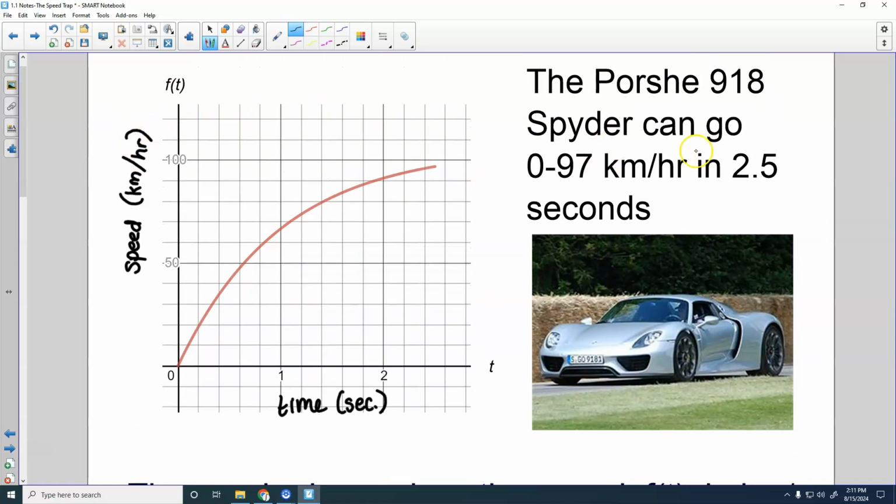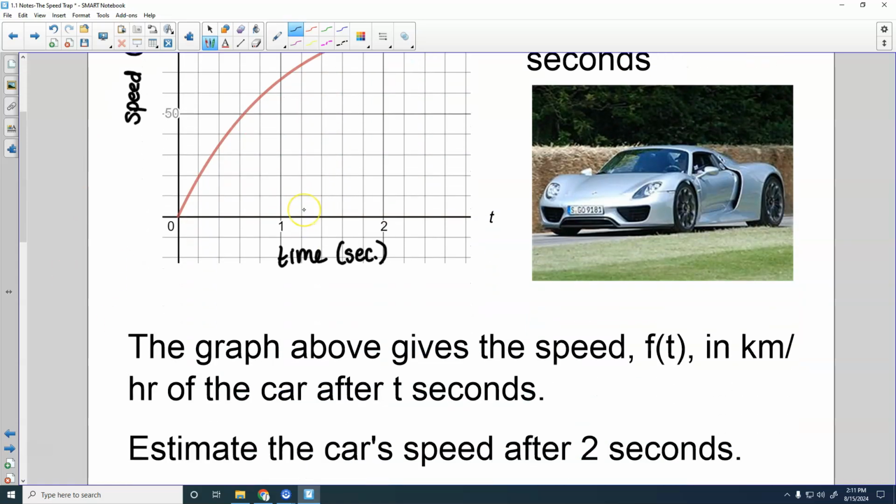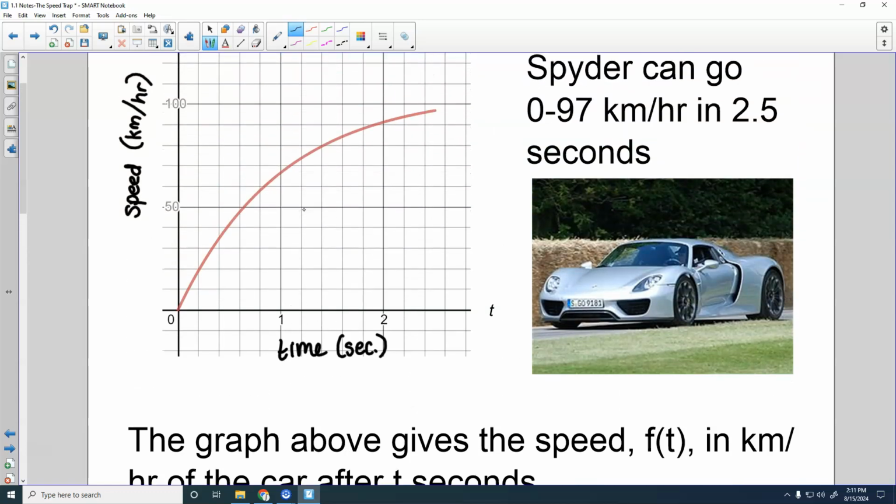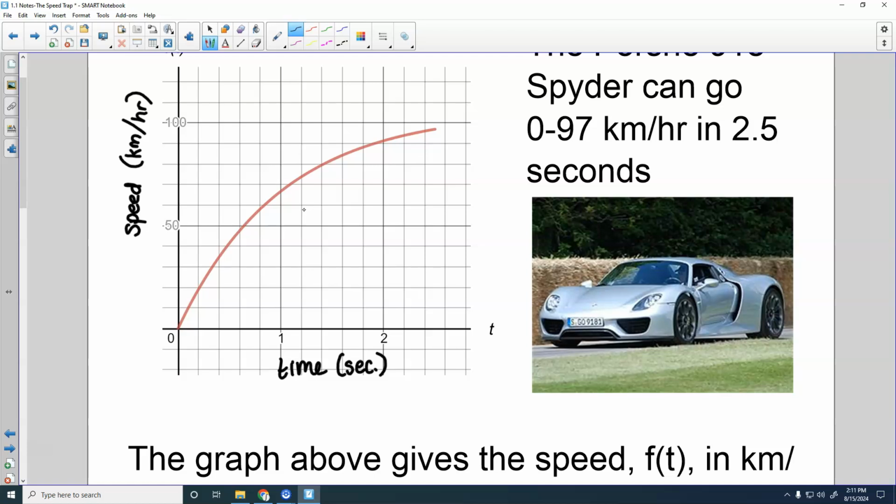So, if we are looking at this here, it says estimate the car's speed after 2 seconds. Has anybody got a guess for me on that? What do you think the speed is after 2 seconds?